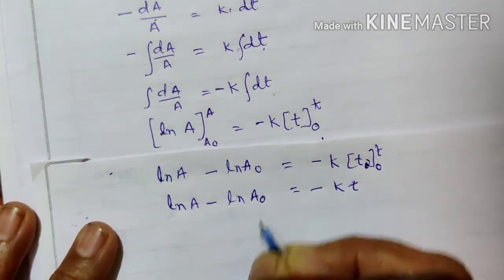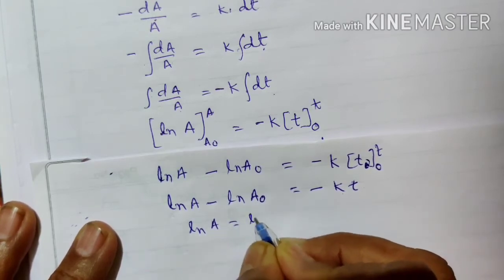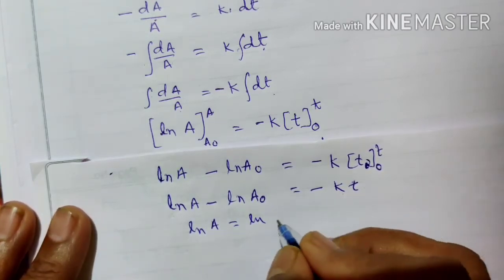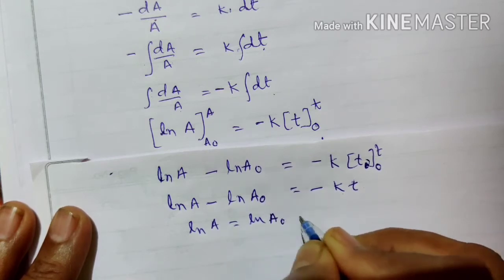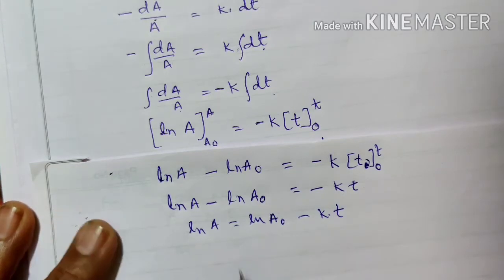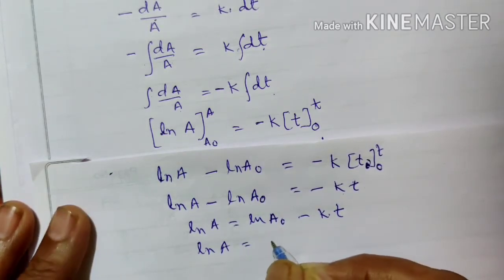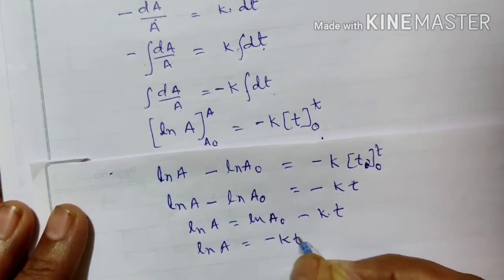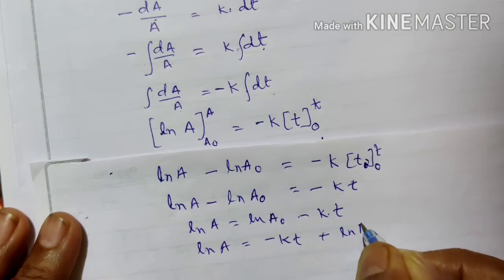So this equation is the integration of the equation, and this is the expression. Then we can write ln a is equal to ln a0 minus k into t. And then when you rearrange, ln A is equal to minus kt plus ln A0.